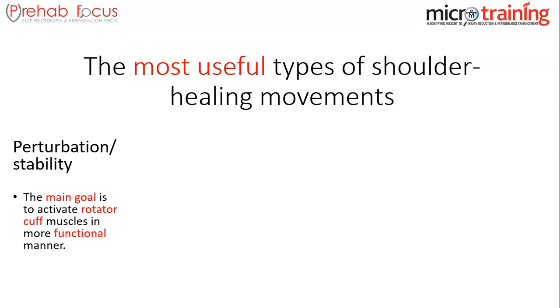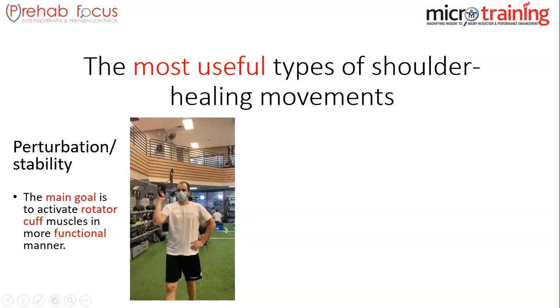Okay, let's talk about perturbation stability drills here. So this is pretty much next level, maybe third phase out of 4 or 5 of rehab. So the main goal is to activate rotator cuff muscles in a more functional way. When I say more functional, I mean more specific and functional, because during sporting movements there is no isolated external or internal rotation. Everything works together.